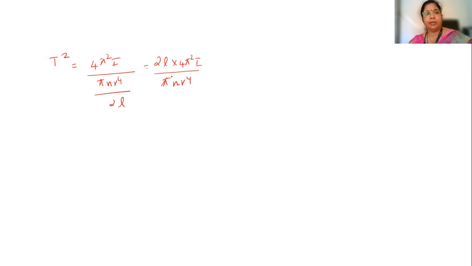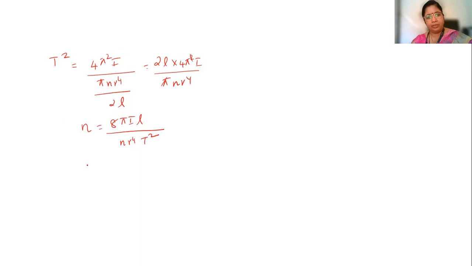So obviously this pi is going to get cancelled. Then having this expression and rearranging, I will find an expression. I will take this here and I will bring this T square here. So here I have this n is equal to, this is 8, I have a pi here, pi I L divided by n r power 4 into T square.